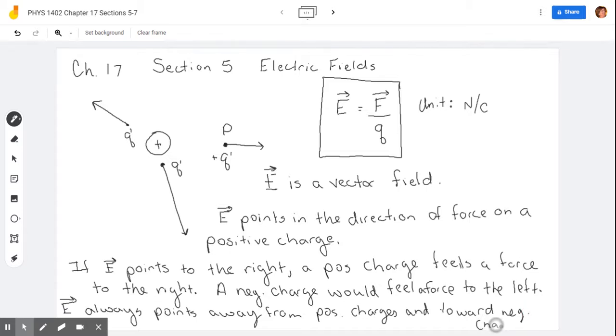That makes sense. We would expect that would be the direction of the force on a positive charge. Positive charge always feels a force away from other positive charges, and it always feels a force towards negative charges.